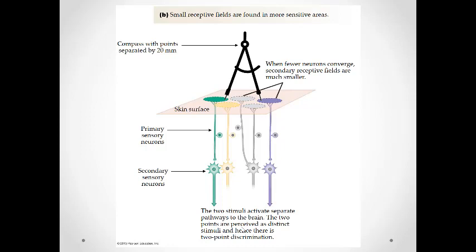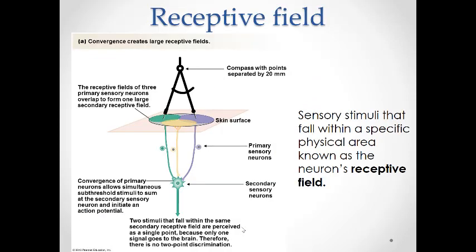Okay, so the whole concept here is that the size of your receptive field determines how accurate your interpretation is of the information being sent to your central nervous system.